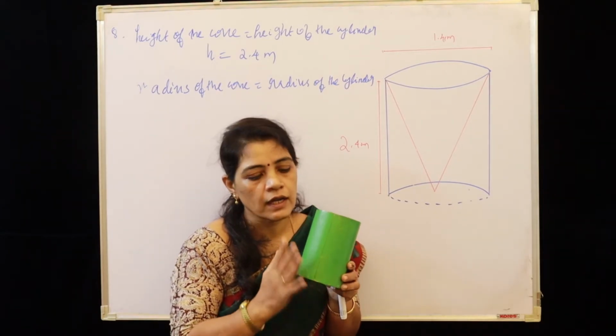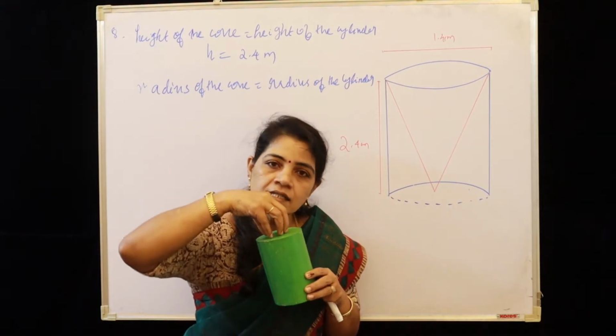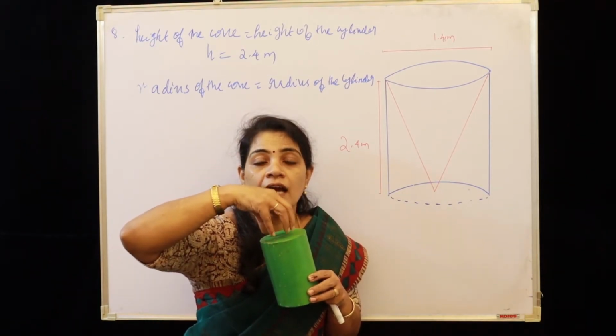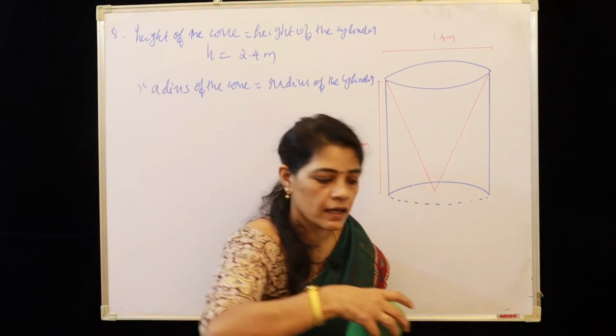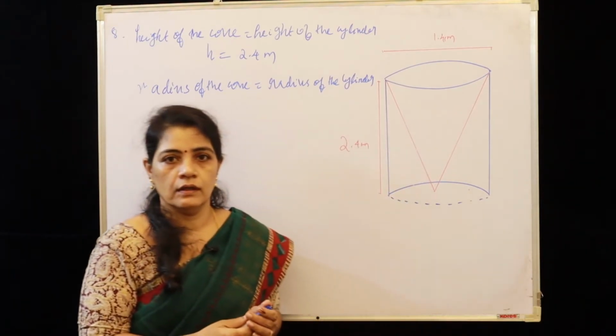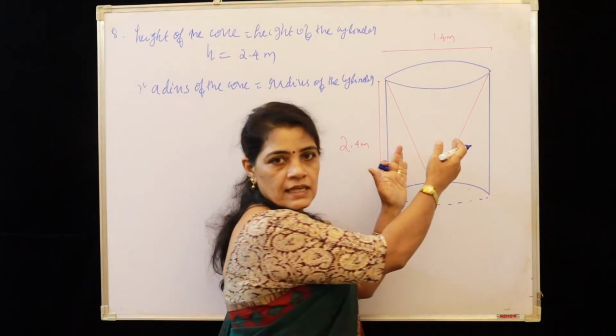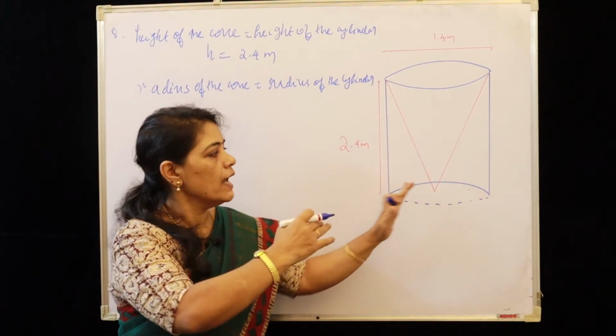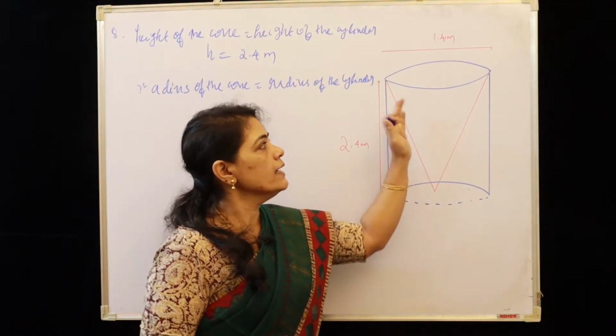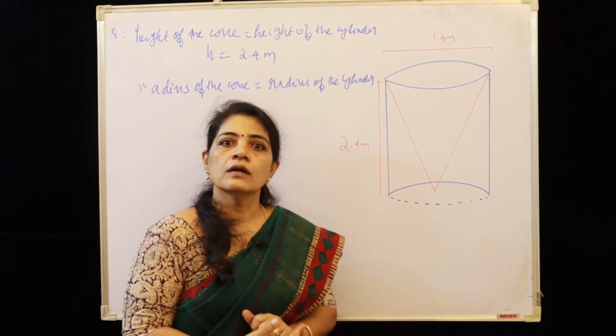So pi r square, 2 pi RH, and here the conical cavity formed, that is pi RL, the CSA of the cone. Hope this idea is clear, children.